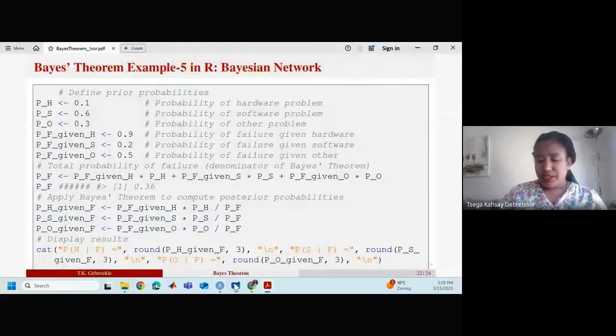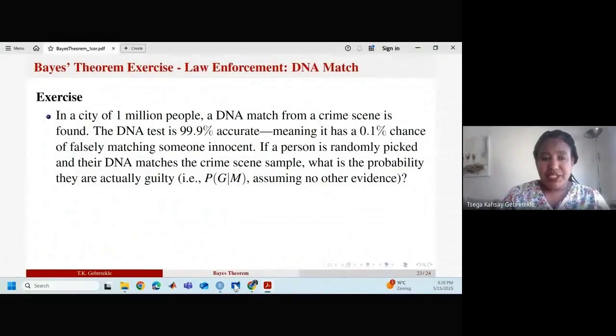Okay. So one last exercise is law enforcement, DNA match. This is given to you as an exercise, and please share your solutions in the comments below. In a city of 1 million people, a DNA match from a crime scene is found.